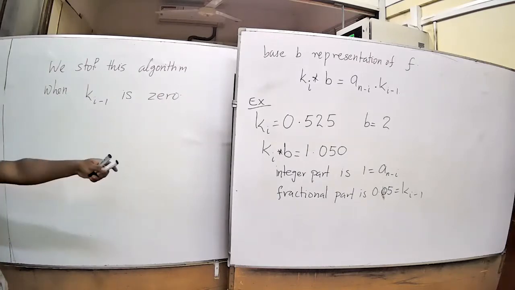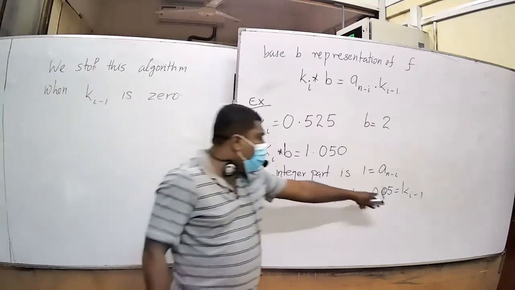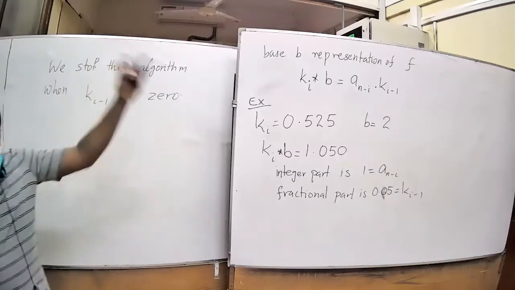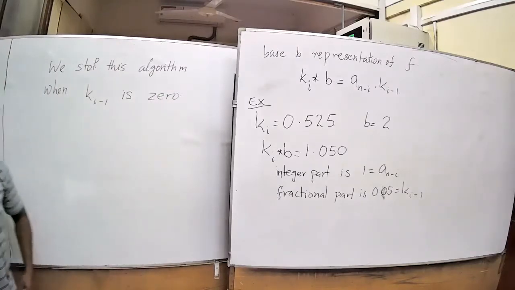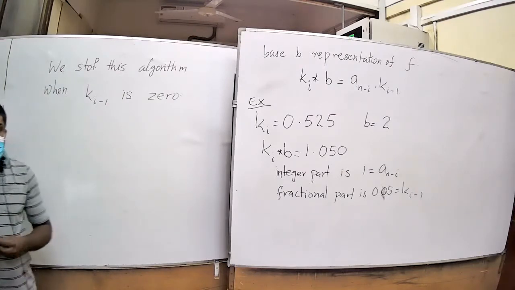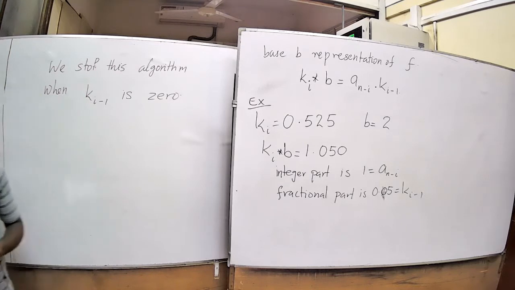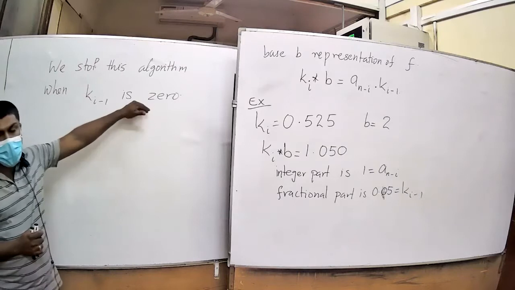Whenever you end up with a fractional part of 0. So you keep on multiplying by the base, and at some point you will see that you don't have any more fractional part. In that case you can stop.